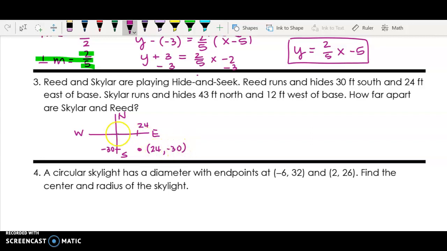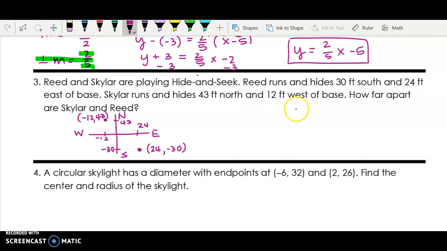And again, I'm labeling these, x-axis first and then y. Then Skylar runs and hides 43 feet north and 12 feet west. So -12, 43 would be the coordinates for Skylar's location.